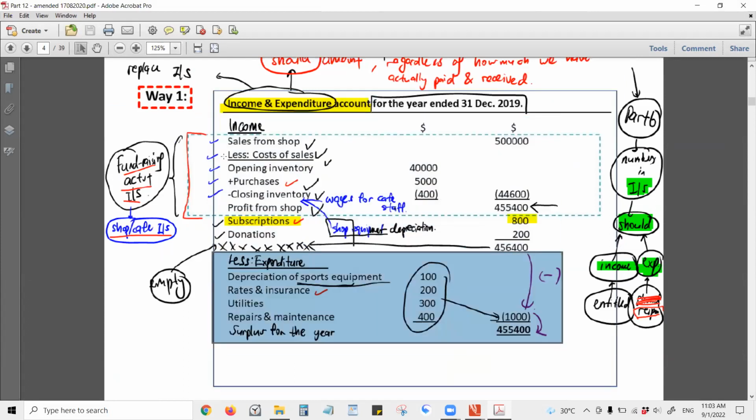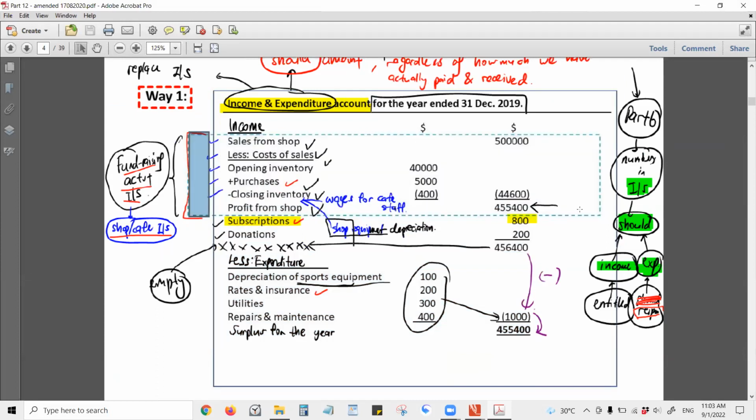In the income section, you always begin with the fundraising activity income statement. It is either a shop or cafe for every exam question. You have to see whether they have given you cafe or shop.